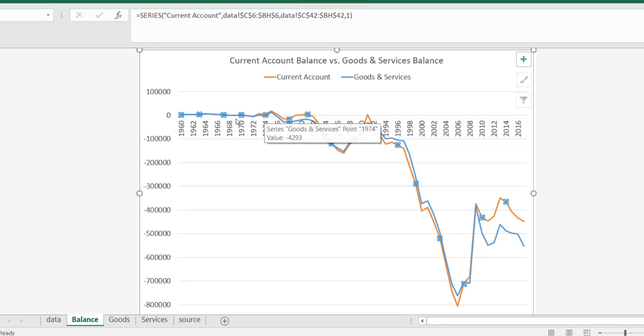Coming back to the evolution of these balances, note that in the 70s is when we start touching negative ground, the negative balances. And remember that in 1973 we had the famous adverse oil shock.